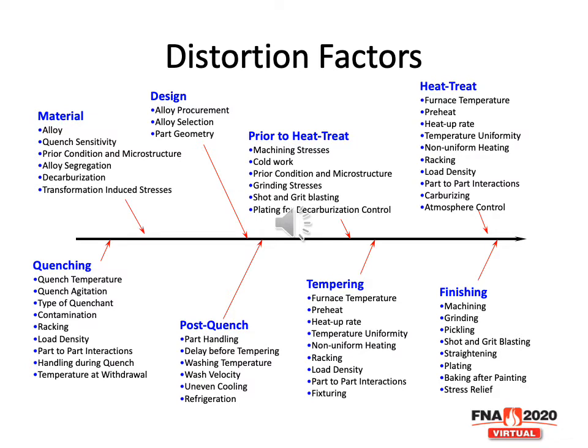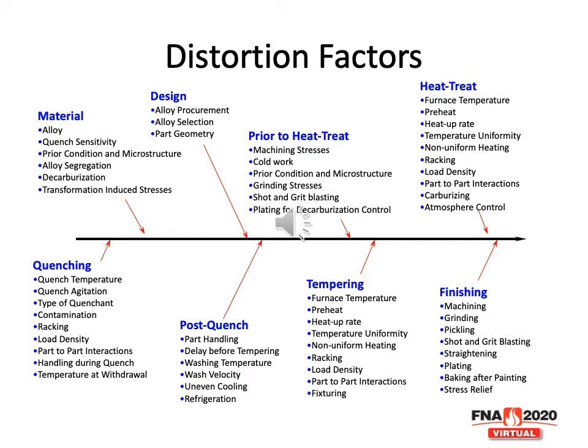Heat treating can also contribute to distortion. For instance, are you heating the part non-uniformly? If you heat the part up very rapidly, the very thin parts will heat up very fast compared to the body of the part. Are you preheating? That can reduce the amount of distortion by allowing the thin parts and the thick parts to heat up at the same rate.